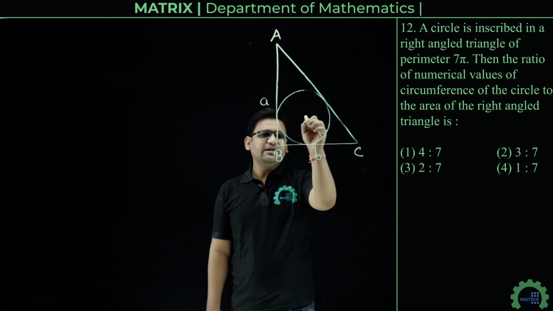Let's say the radius of this circle, that is the radius of the incircle, is small r.